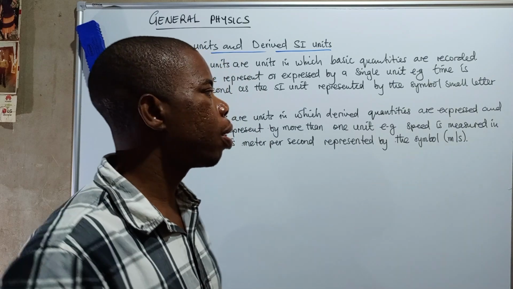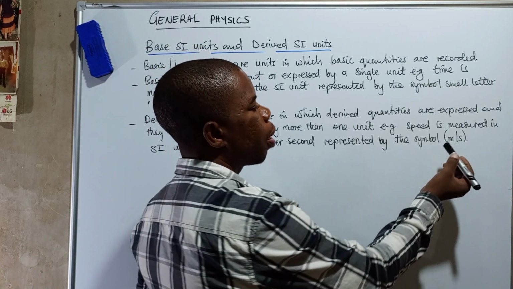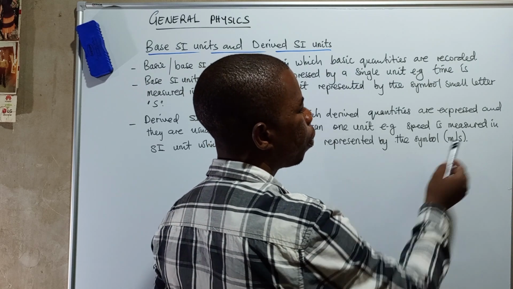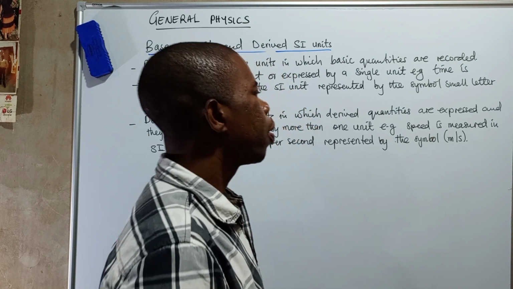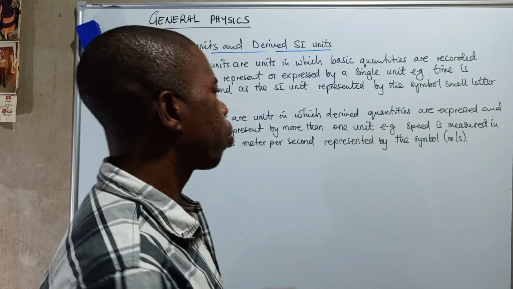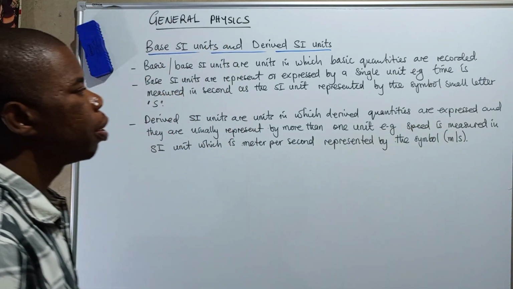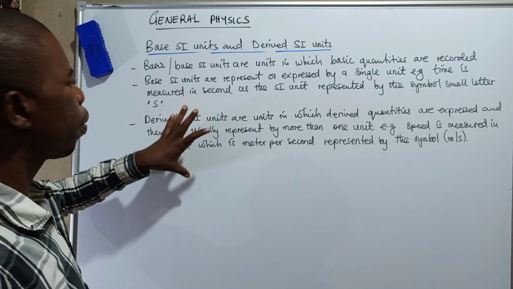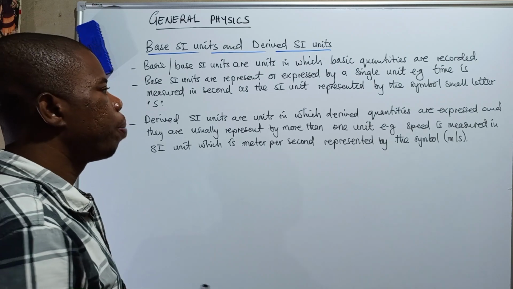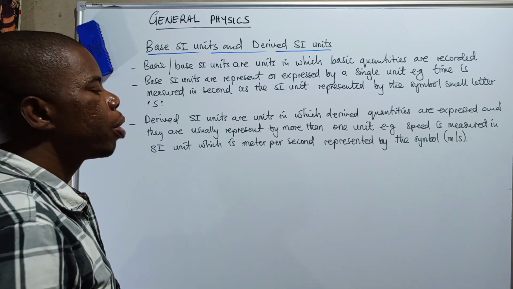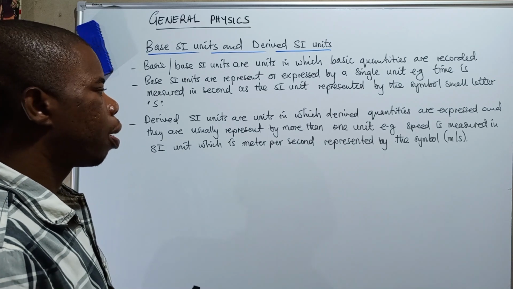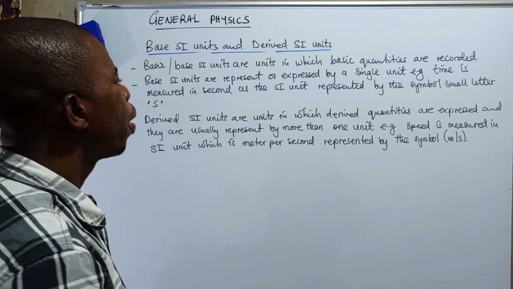So you have seen that here there are more than one unit. We have a meter and then we have a second that we are using to measure speed. So that's what derived units are all about. They are there to measure derived quantities and they are expressed in more than one unit.